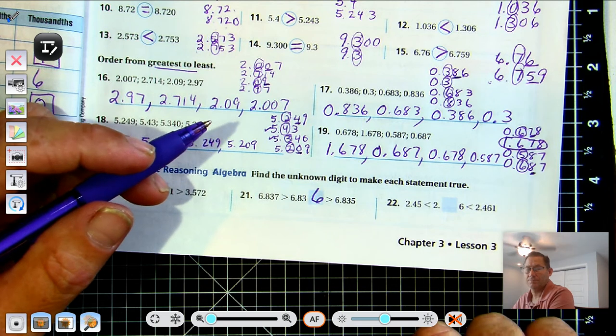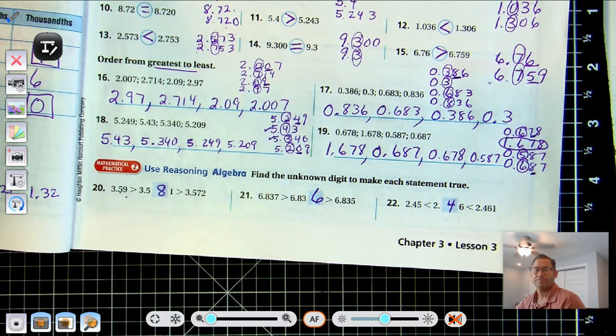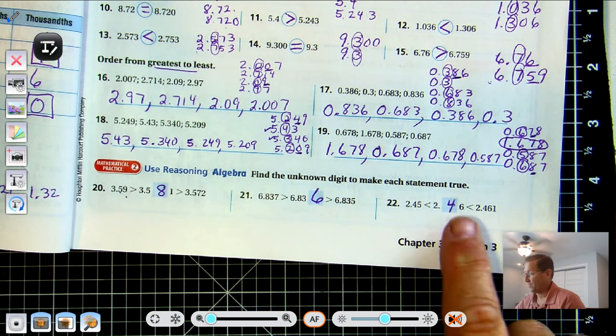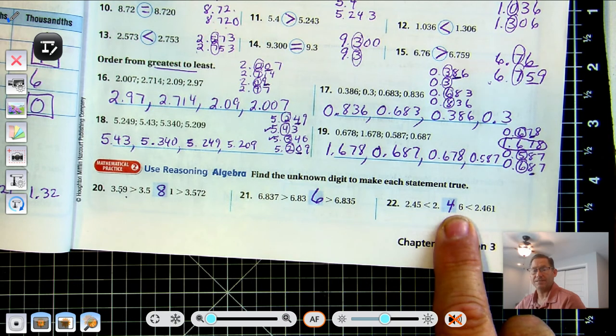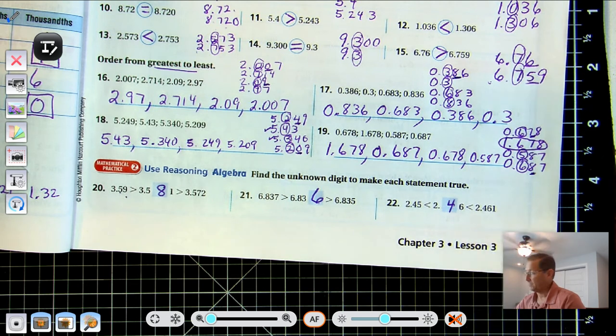Well, that has to be a 4. Because it couldn't be a 3, because then 45 wouldn't be less than that. If I had a 5, then this one couldn't be less than that one. So it's got to be a 4.